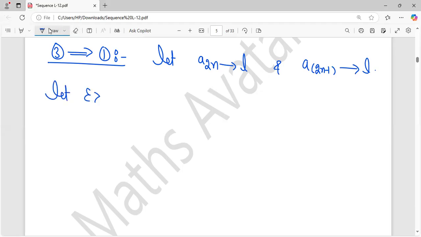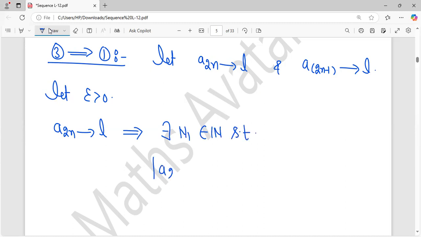Since a 2n converges to L, there exists a capital N1 belonging to N such that a 2n minus L is less than epsilon for all n greater than capital N1.